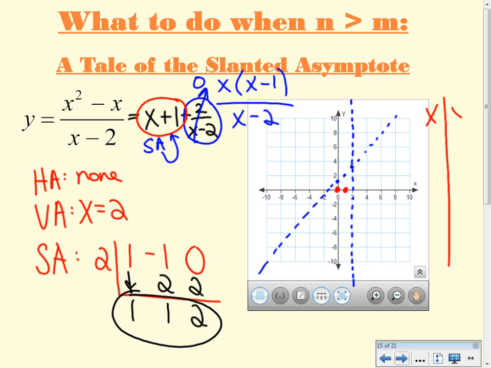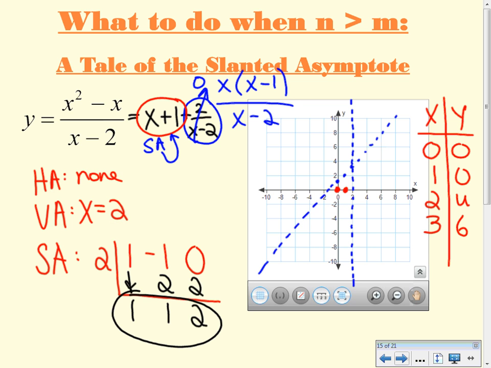And now I'm ready to plug in some points. Don't want to plug in too many. Let's keep it simple. If I plug in 0, I get out 0. We already knew that. If I plug in 1, I get out 0. I knew that because those are the zeros of the numerator. If I plug in 2, I know that I'm going to get an undefined, because we're going to be dividing by 0. Let's plug in 3. If I plug in 3, I would get 9 minus 3 is 6 divided by 1.